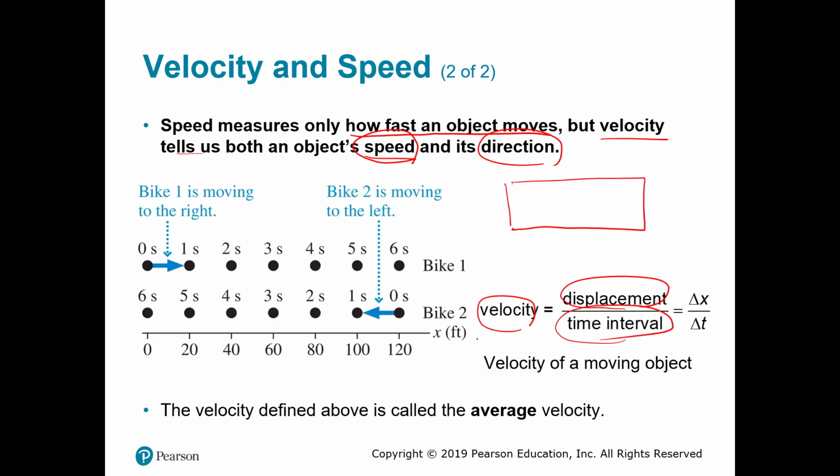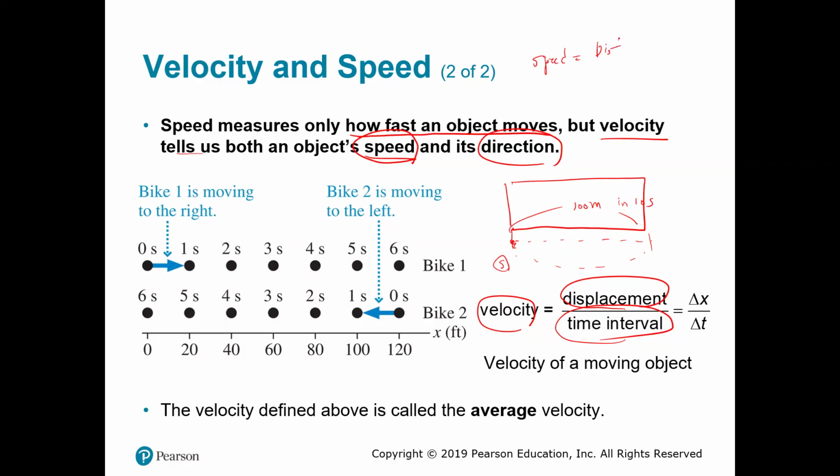Again, you have a 400-meter track, and you start from here. And then you run 100 meters in 10 seconds. And then you come back another 10 seconds. So what is your speed here? The speed is what?